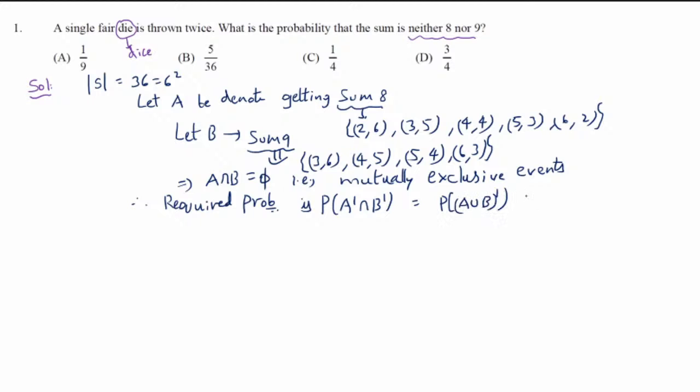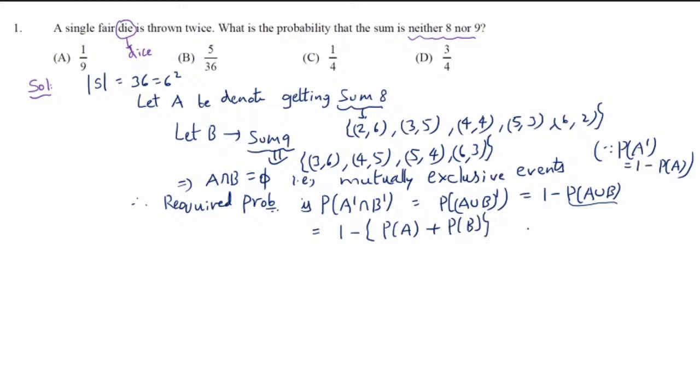So it is 1 minus P of A union B, since probability of A dash is 1 minus probability of A. Either use the addition theorem of probability or the condition of mutually exclusive events: when two events are mutually exclusive, the probability of the union is equal to the sum of their probabilities.